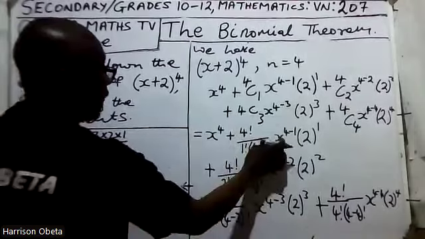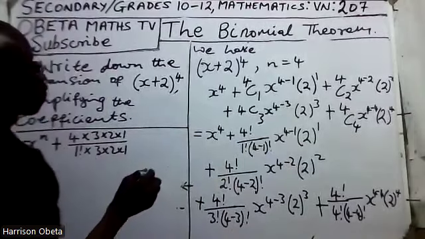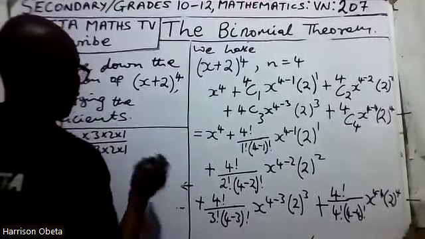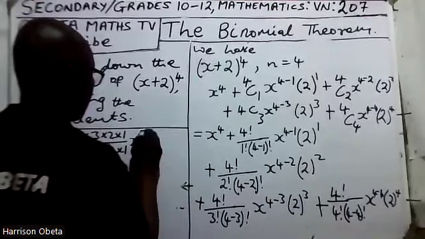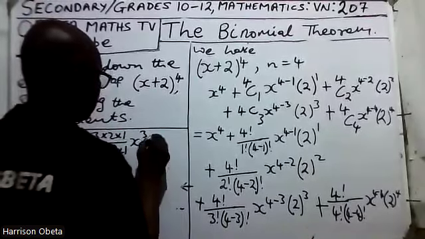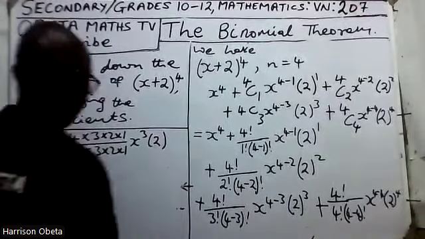Then x minus 1 is 3. x raised power 3, then into 2.